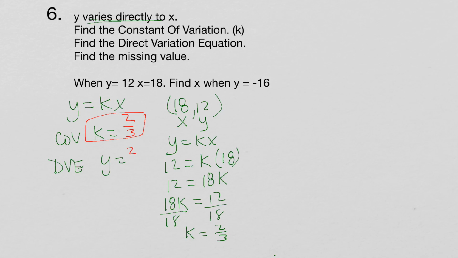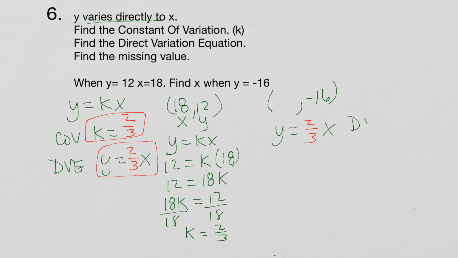I'm going to drop that down into my direct variation equation, and now I have my direct variation equation. Now I'm going to use that to find my missing x. My y is negative 16, so I'm going to take y is equal to 2/3 x.